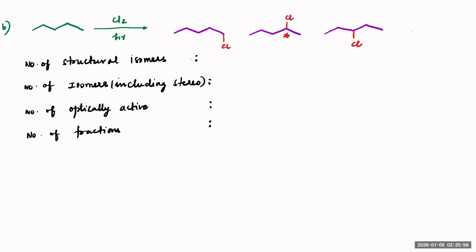So this you will count as one isomer. Here you count it as two isomers. Here you will count it as one isomer. Structurally, there are three, including stereo, there are four. Optically active two, number of fractions three. Got it? This is what you should get, everybody. Check if you have got that.